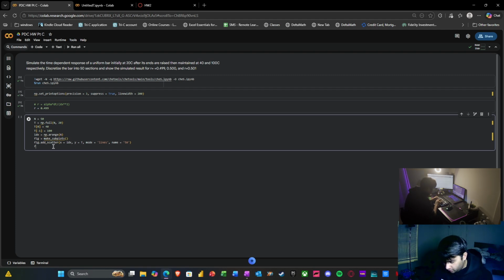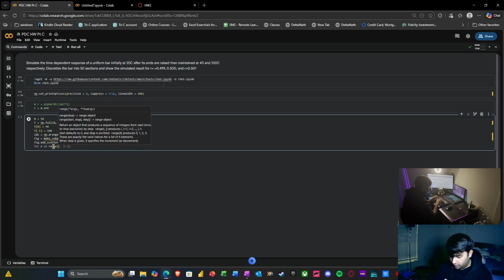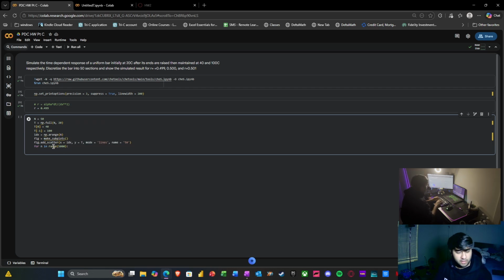So next here we're going to make a for loop. So for n in range, we're going to set to 5,000. Now we're going to basically rewrite our algebraic expression that we found before, except in code.